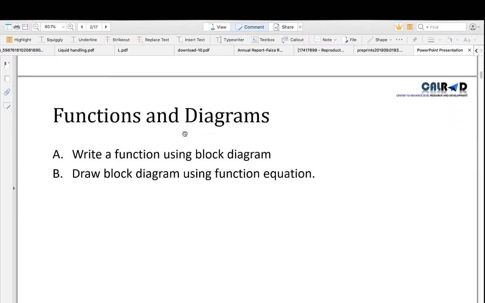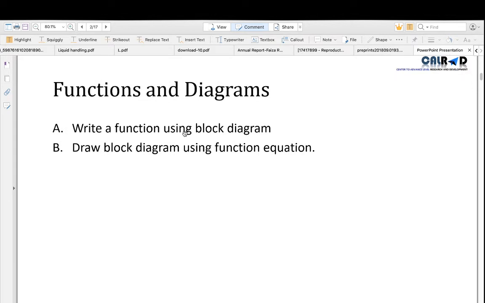So in this topic we will cover two things. Previously we studied the logic gates and the truth tables, and in this lecture we will study how you can draw a logic diagram or a block diagram by using the equation.